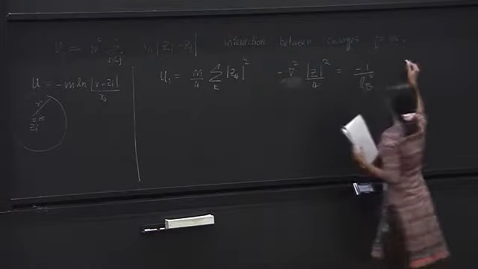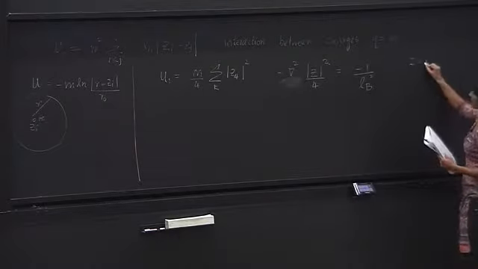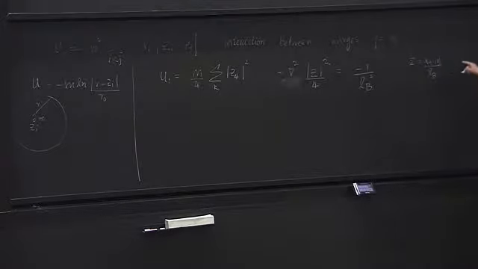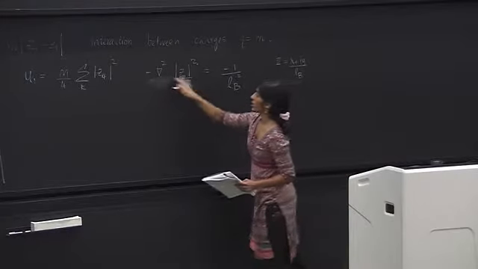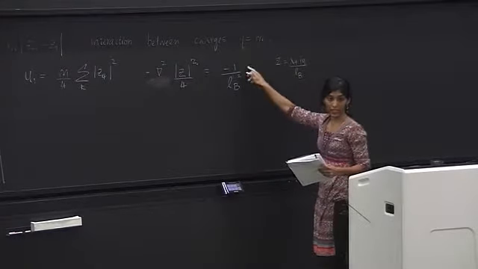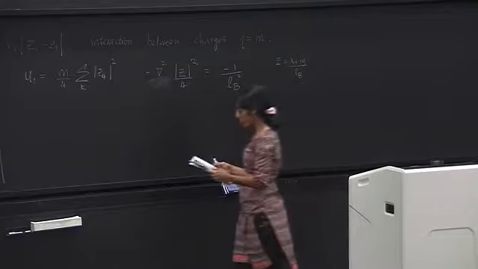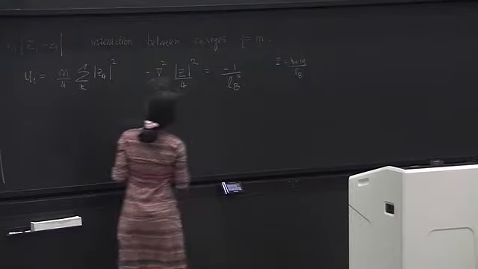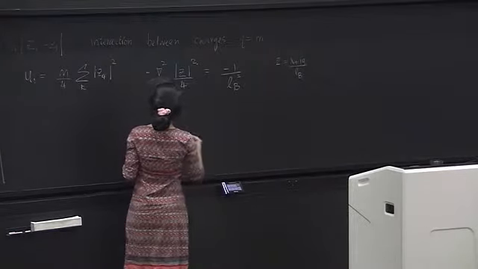Because, sorry, I remember I defined z as the dimensionless ratio of x plus i y over LB. And so when I plug this in, I find that that's where I get this 1 over LB squared factor. Okay, so this is just differentiating mod z squared.